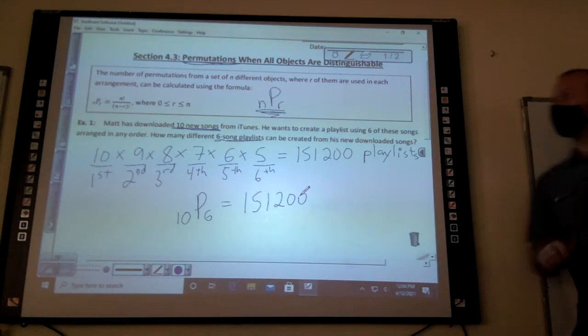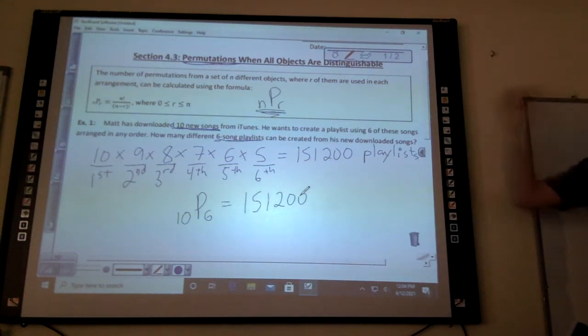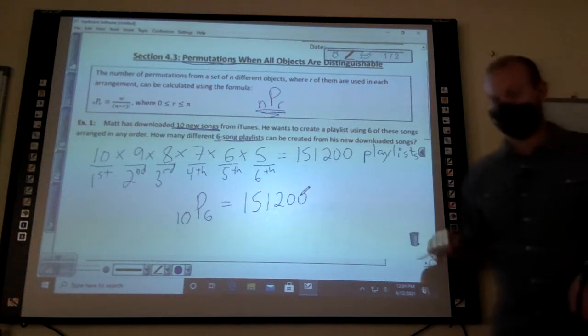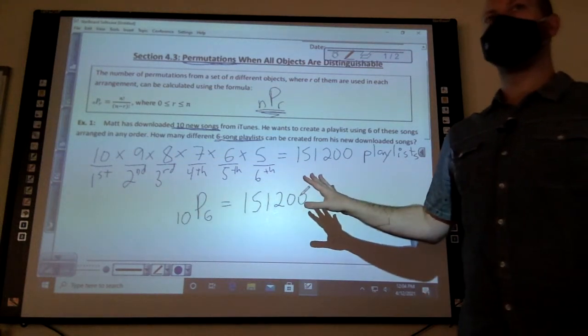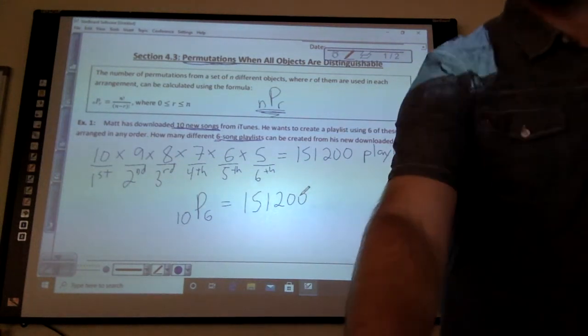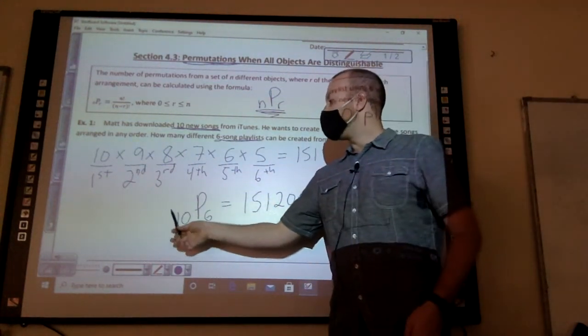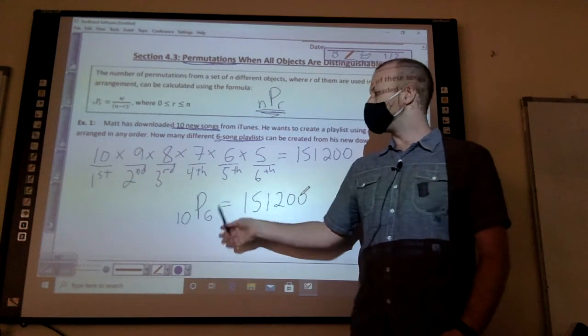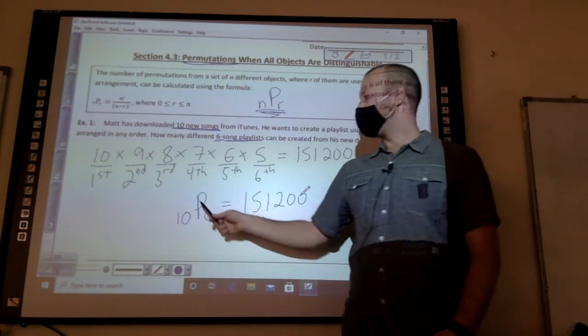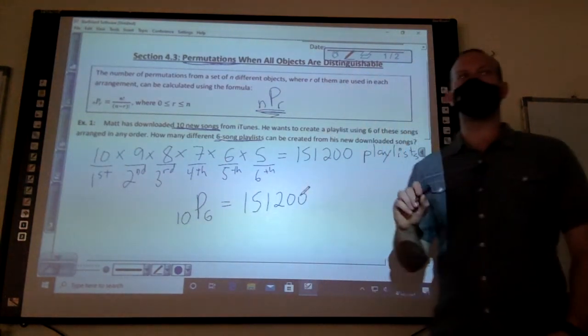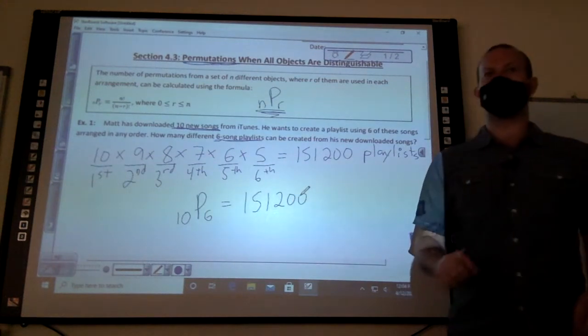So this is going to be a whole lot easier than writing out this whole thing. Does that make sense? So essentially, what we're saying from this is I have 10, choose 6. I have 10 options, I want to choose 6 of them. Plug that in, you'll get your total number.